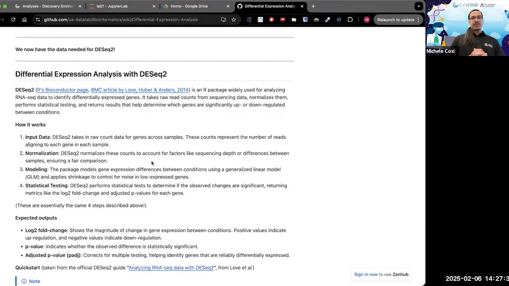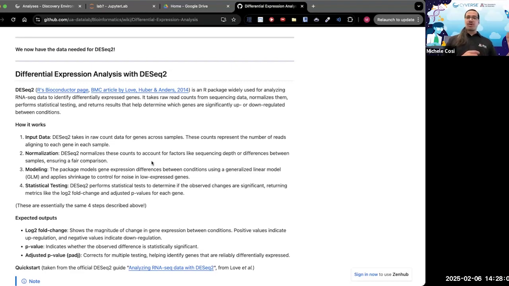So DESeq2 is an R package. I think the bioinformatics community is somewhat used to DESeq2 at this point, or at least using R. DESeq2 is an R package that's used for RNA sequencing data, and it does take in different types of input data.